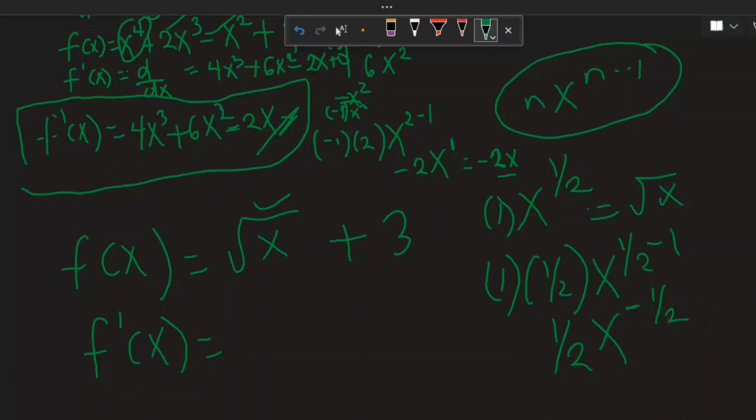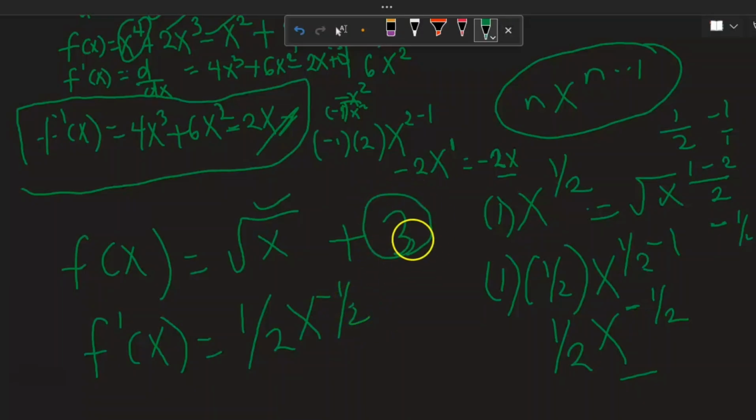You may ask, how did I get this? This is just by simplification, this will give me minus 1 over 2. That's how I got this. So I can just easily write this here. Then the differentiation of a constant is always 0.